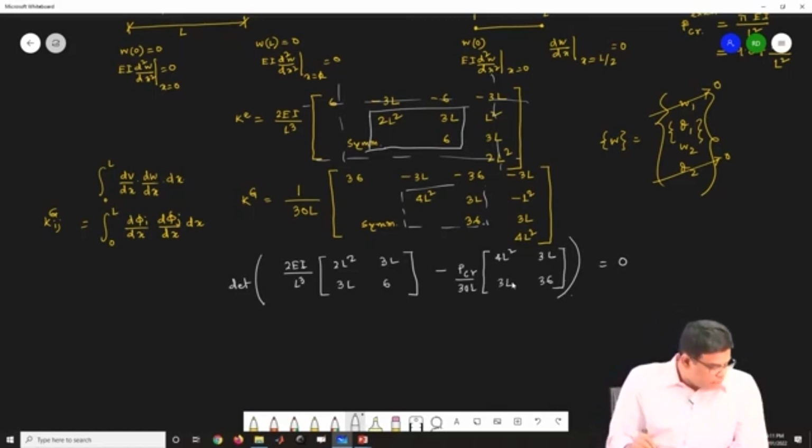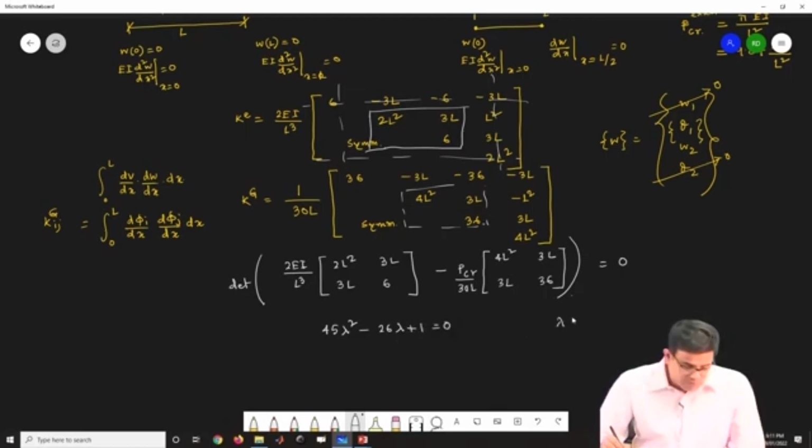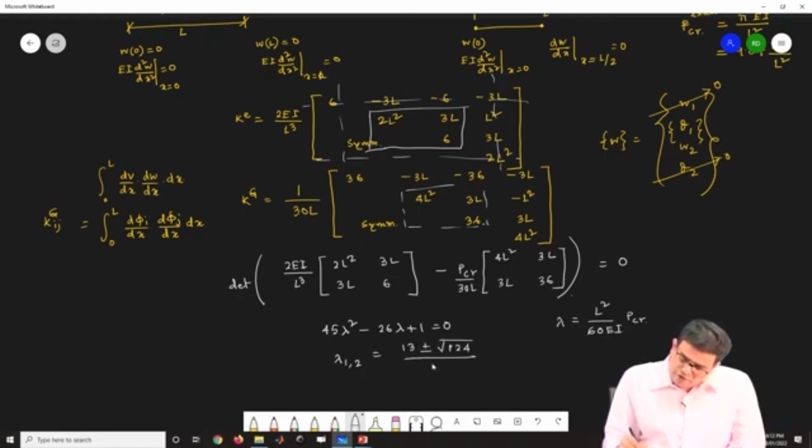The characteristic equation you can find out, that is 45 lambda square minus 26 lambda plus 1 equals 0. Here lambda is defined as L squared by 60 EI into PCR. This is the value of lambda, obtained by just multiplying and equating it to 0. Now, if I find the solution, lambda 1, 2 is 13 plus minus root 124, by 45.